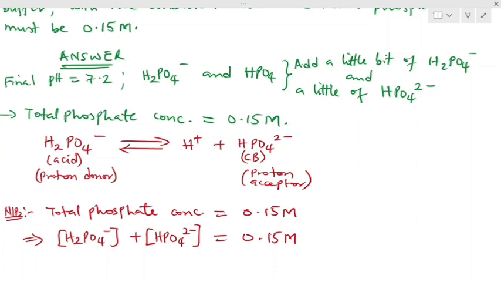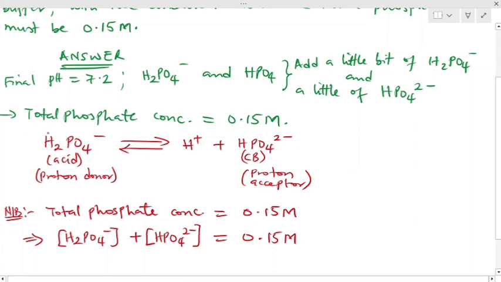So the total phosphate means the sum of both of those two species, which we add up together to give the total phosphate concentration of 0.15 molar. That's what that part of the question meant.